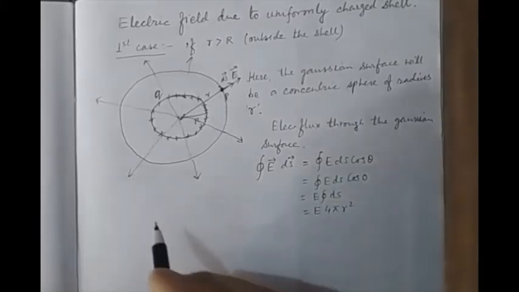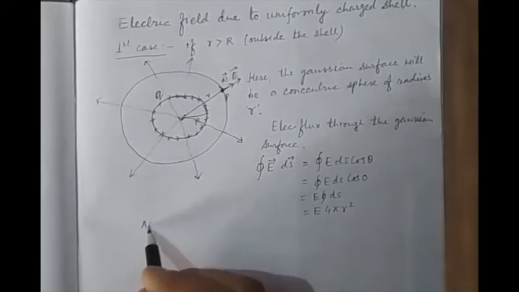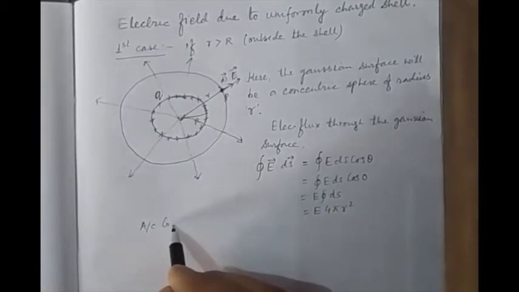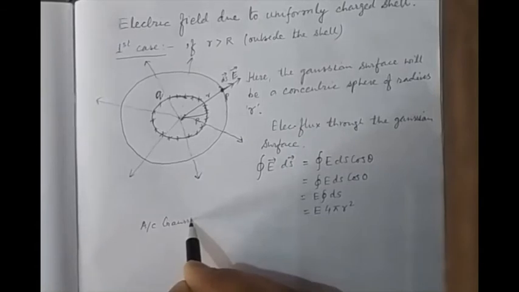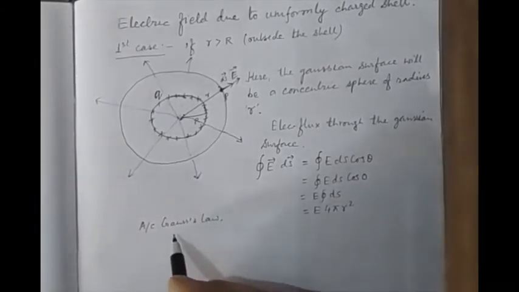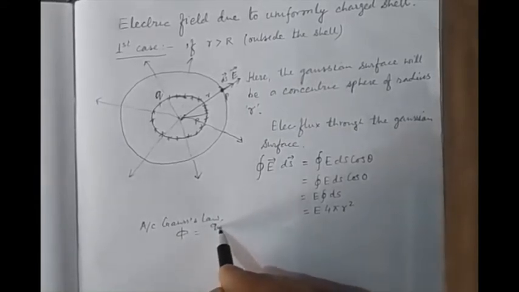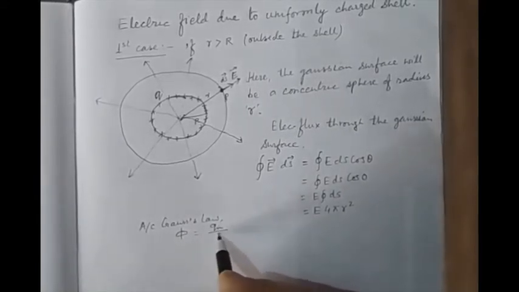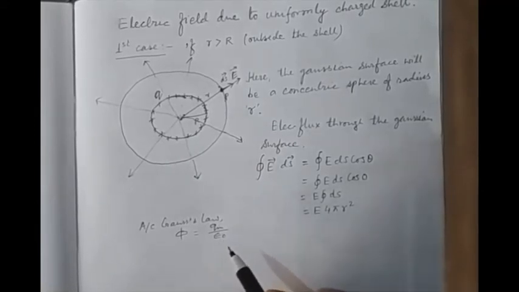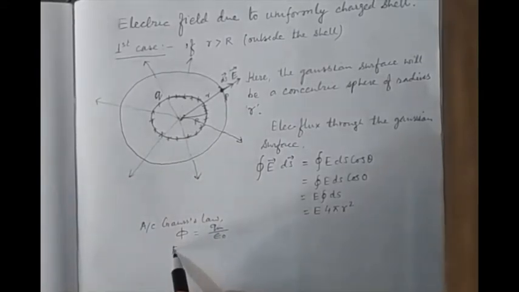Now apply Gauss's law. According to Gauss's law, total flux phi must be equal to Q internal divided by epsilon naught. Value of electric flux is E into 4 pi r square.